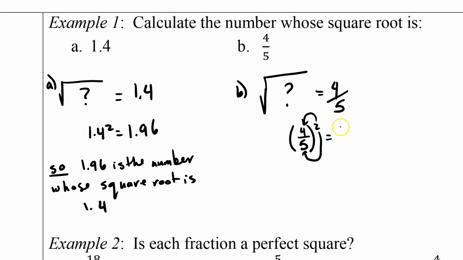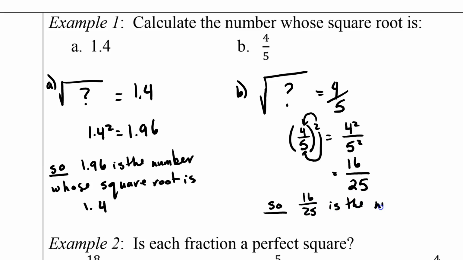So essentially my next step here would be 4 squared over 5 squared. 4 squared, 4 times 4 is 16. 5 squared is 25. So 16 over 25 is the number whose square root is 4 over 5.